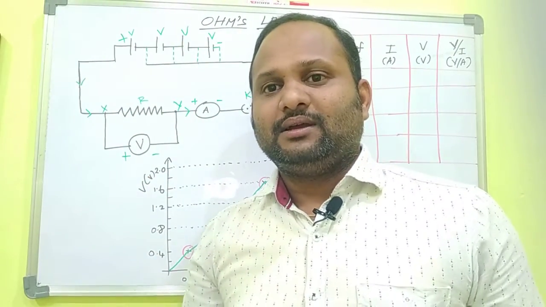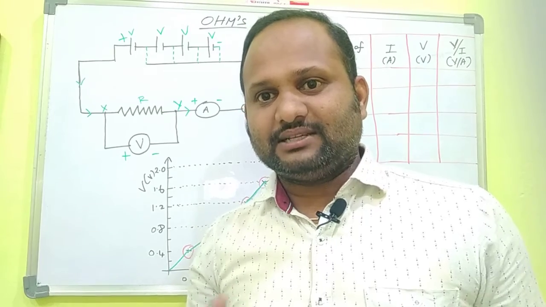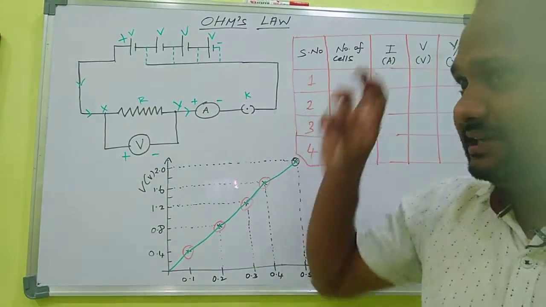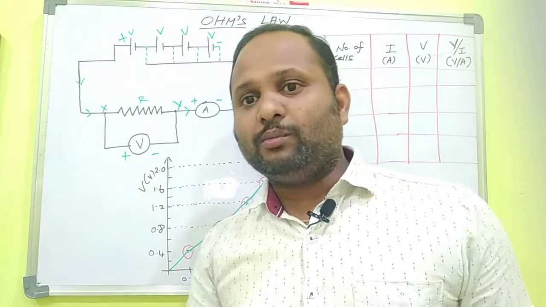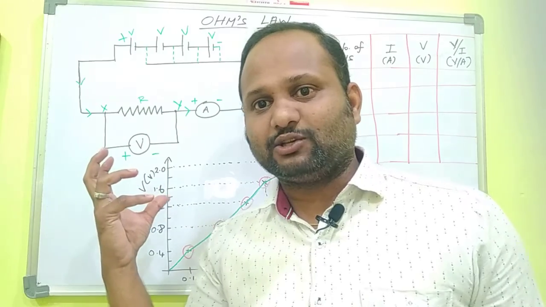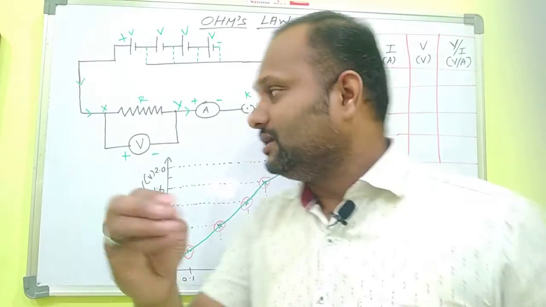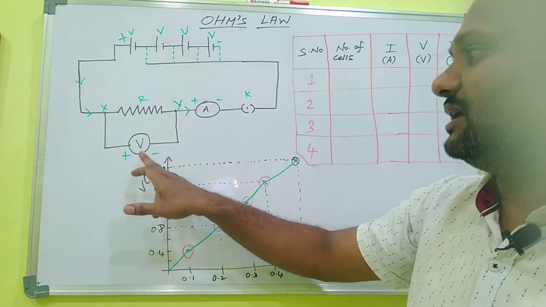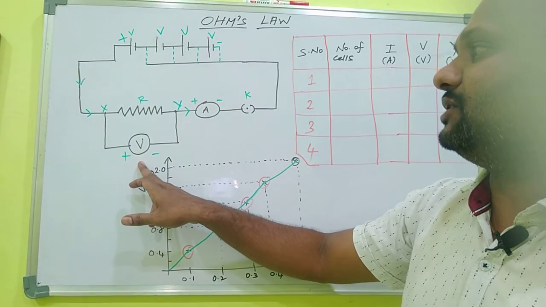Consider that at this situation there is a current passing through the electrical circuit. How much voltage is given to the electrical circuit? We take the reading with the help of the voltmeter, because the voltmeter is an instrument used to find the potential difference.